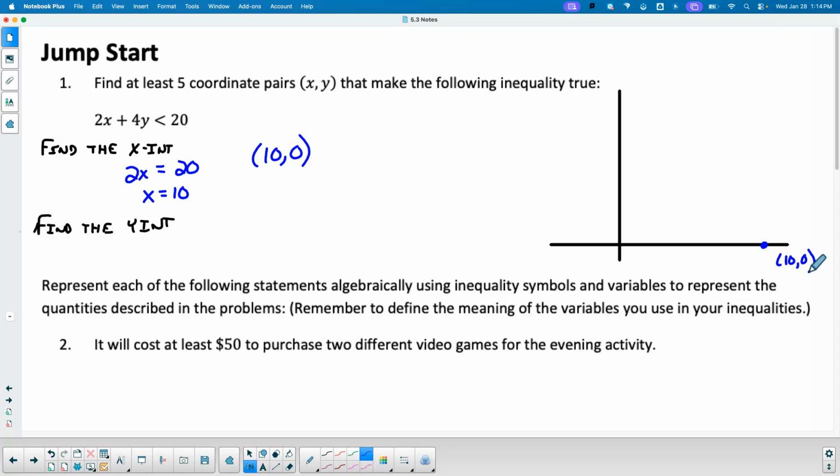Kind of like what we were just doing with those first two on the find me the ordered pairs. Y-intercept, now x is 0, so that 2x is going to go away. So we're just going to have 4y equals 20. So y is going to equal 5. So that's going to be 0, comma 5, right?